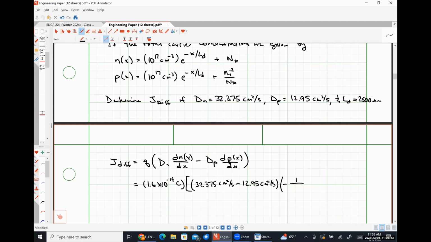What would 2,500 microns be in centimeters, since our concentrations are expressed in centimeters? 2,500 microns is 2.5 millimeters, so that should be 0.25 centimeters. A micron is 10 to the negative 6, millimeters 10 to the minus 3, centimeters 10 to the minus 2. So it should all work out that way.